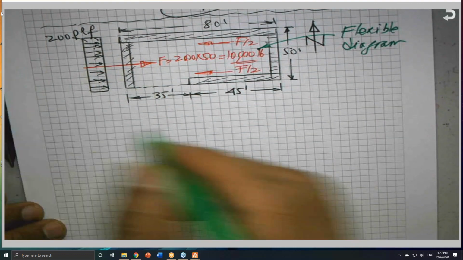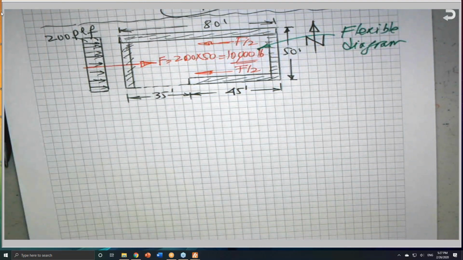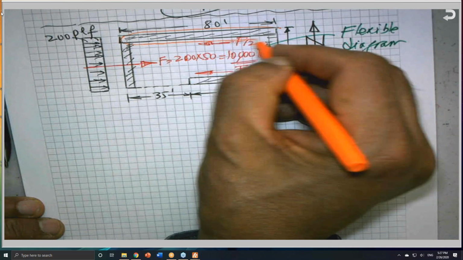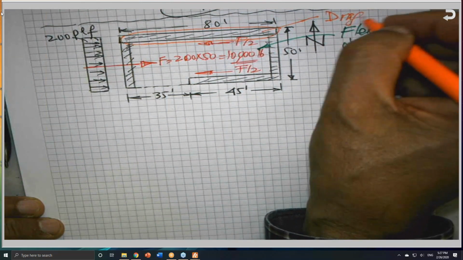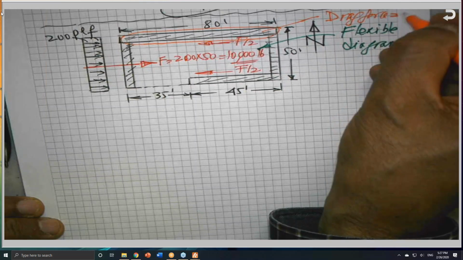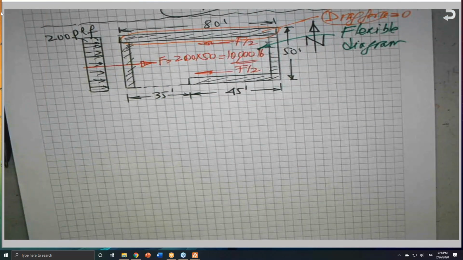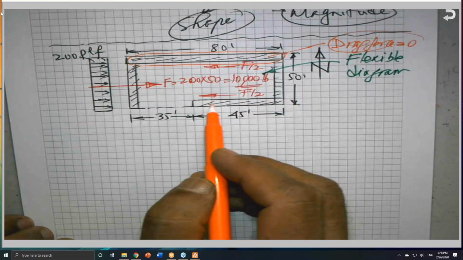So along this side here, do we have a drag force in this direction? No. So drag force is equal to 0 for this one here. Because we have a continuous wall supporting the diaphragm, there is no gap.